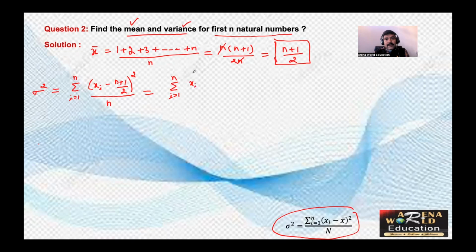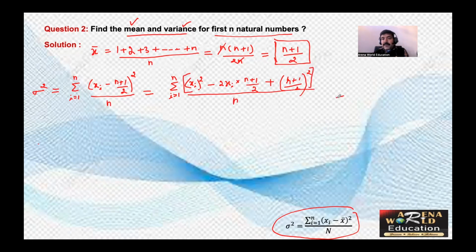It will be xi square minus 2 times xi into, yes, it will be n plus 1 divided by 2, minus 2ab plus b square. It is n plus 1 divided by 2 whole square, right? And the whole is divided by n.